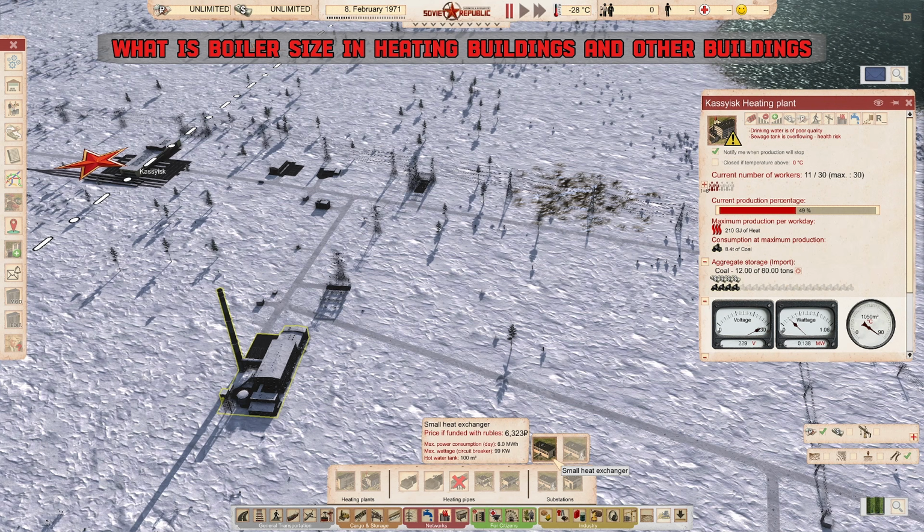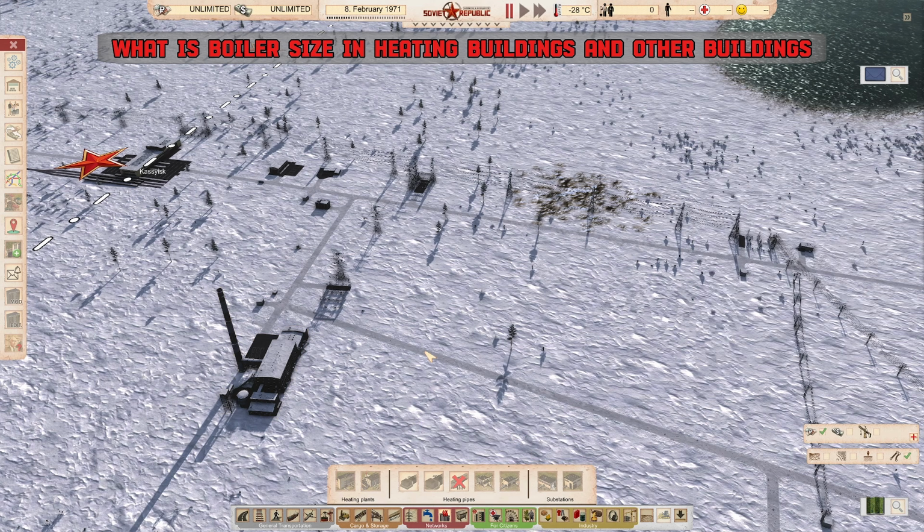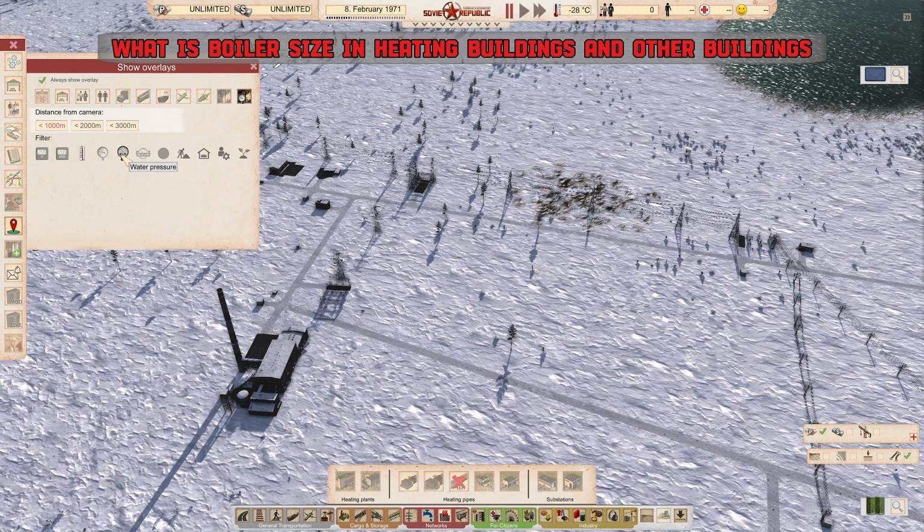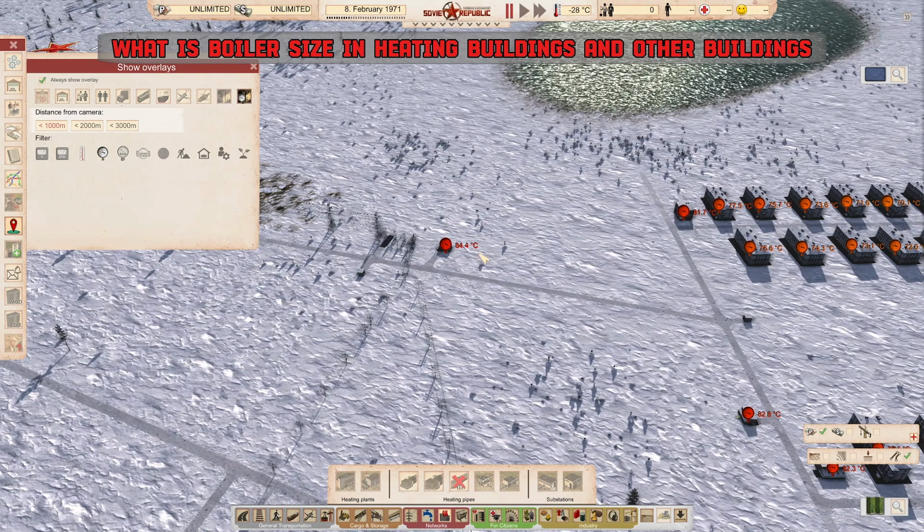Most of the temperature losses don't occur between the heating plant and the heat exchanger. They always occur between the heat exchanger and the buildings around it. As we can see in the current setup, the heating plant generates 90 degrees. The pump generates 84 degrees or 82 degrees, this further one.